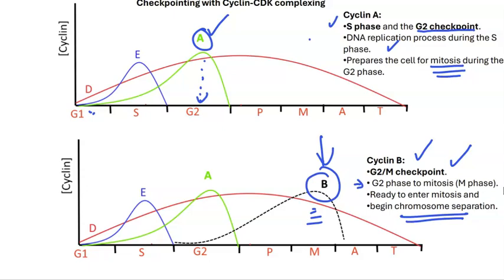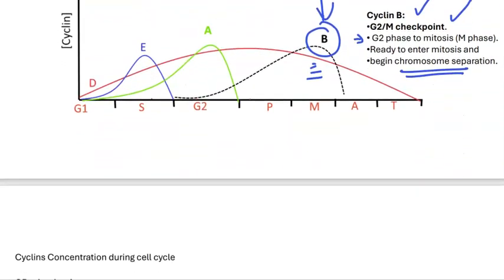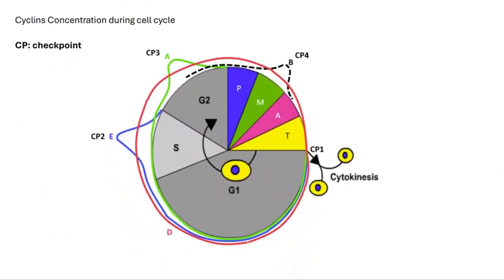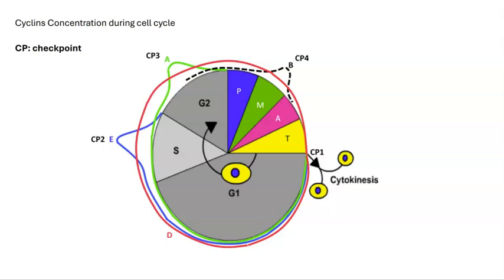Now, this has not exhausted all of the cyclins which have been found by Professor Hunt. There are more, but I've tried to choose the 4 most common and correlate those with the phases of the cell cycle as we have looked at before.